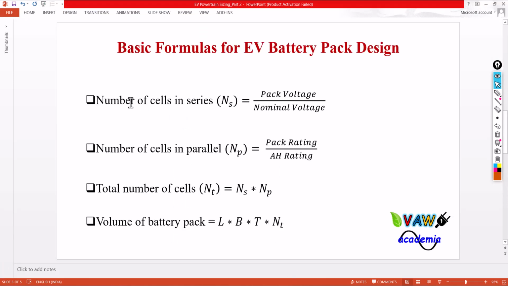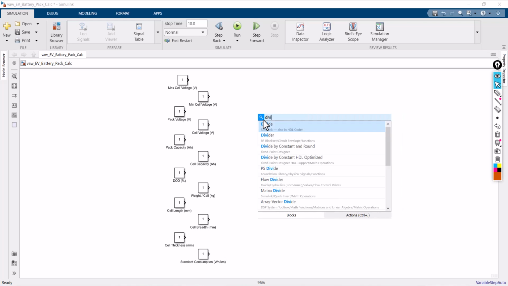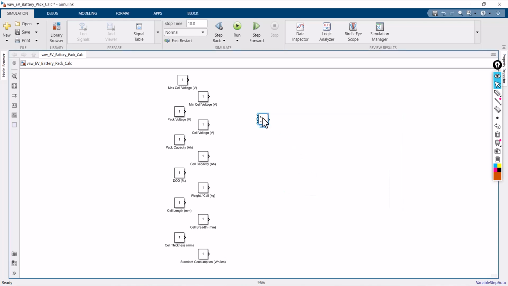So as per the equation, if you want to find out the number of cells in series and the number of cells in parallel, you have to use this formula. So let me do that one. Pack voltage divided by nominal voltage and pack rating divided by cell rating will give you the number of cells in series and parallel respectively. So I need a divide. I'll tell you what the maximum cell voltage and minimum cell voltage are, which you can measure with the blocks.